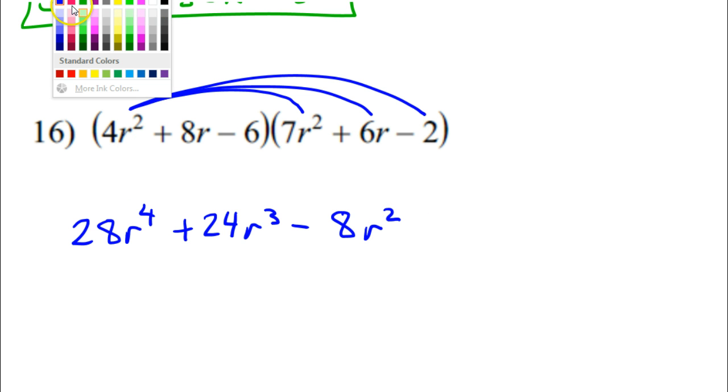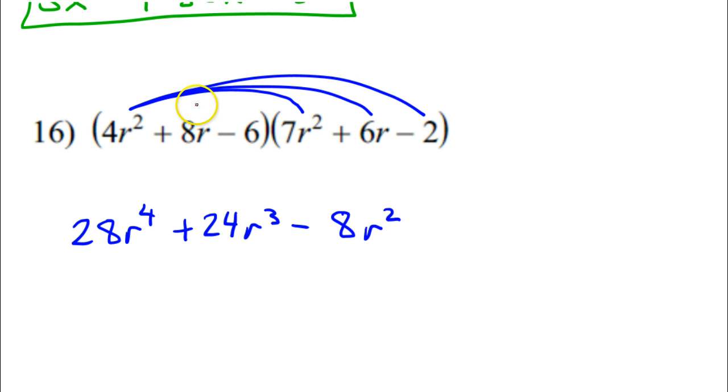Okay, so we've done that. Now I'm going to distribute the 8r. Okay, so I'm going to take the 8r and I'm going to do like this. Alright, distributing that thing. So 8r times 7r squared is going to be 56r to the 3rd power.